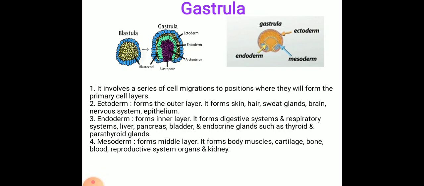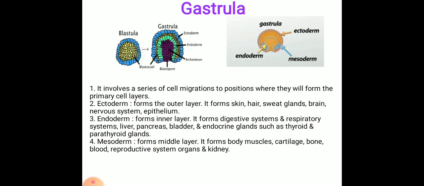So you just differentiate between gastrula and blastula. In the blastula there is a cavity called blastocoel, and in the gastrula there is a cavity called gastrocoel, or archenteron. And there are ectoderm, endoderm and mesoderm.